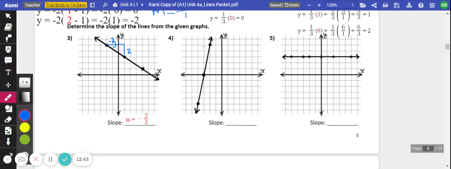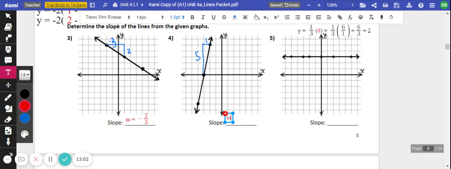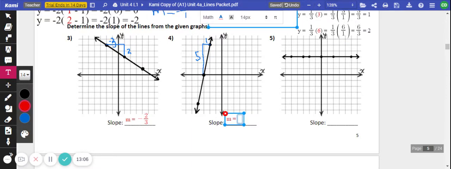So then for number 4, I'm going to go up and to the right. So here I go up 5 and to the right 1. So then my slope is going to be 5/1.